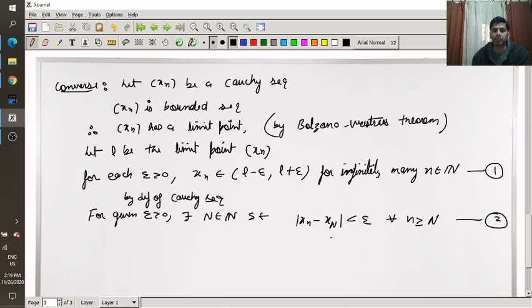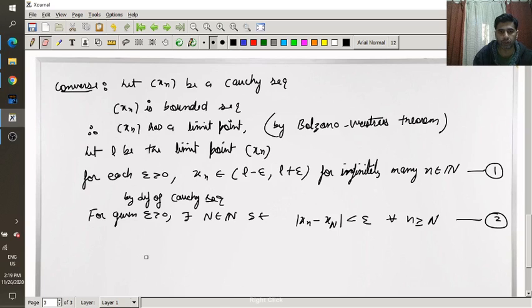So we will use these statements in order to prove that xn is converging to L. If we want to prove that xn is converging to L, we want to find a stage N such that |xn minus L| is less than epsilon for all n greater than or equal to N. So I am considering this |xn minus L|, and I can take a particular xk which lies after that N.